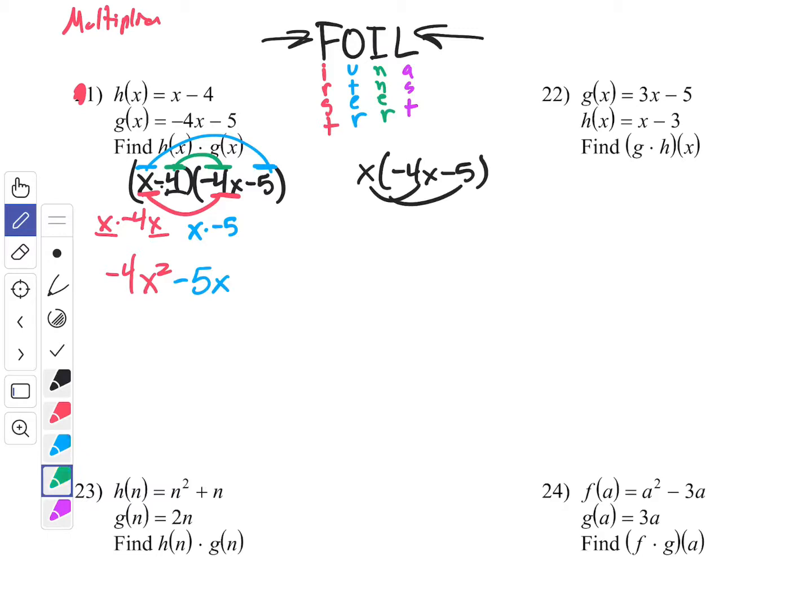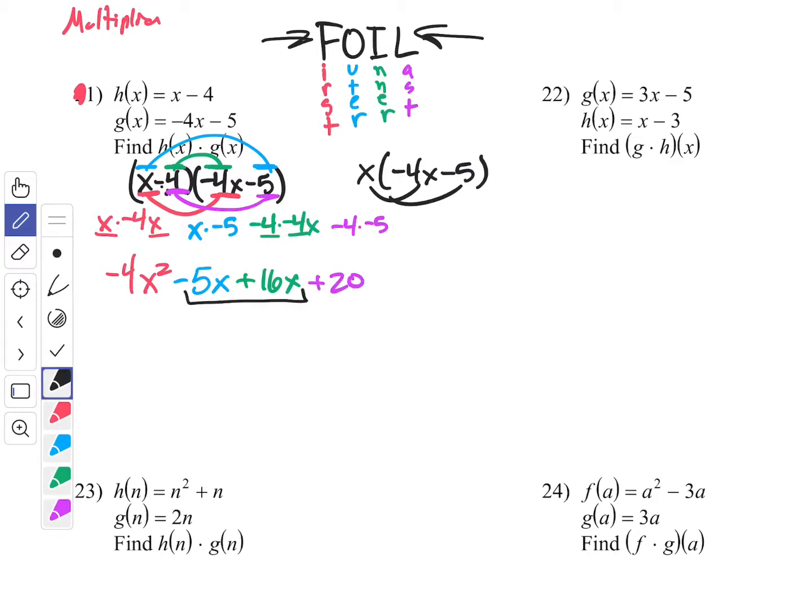I've heard it called other things, but FOIL is the one that I've really used. So negative 4 times negative 4x. Negative times negative is a positive, so positive 16x. Then the last would be the last pieces in each one. So negative 4 times negative 5, which would be a positive 20.